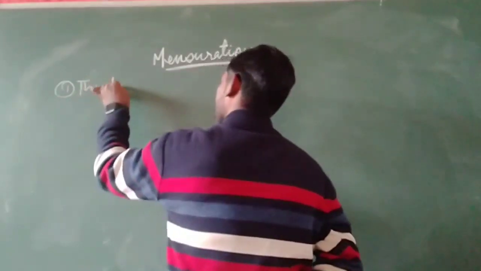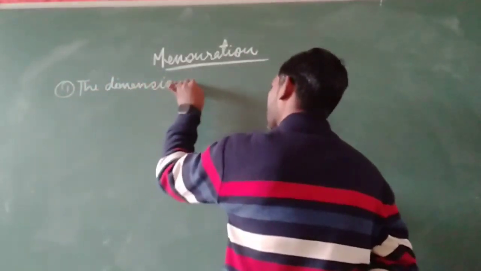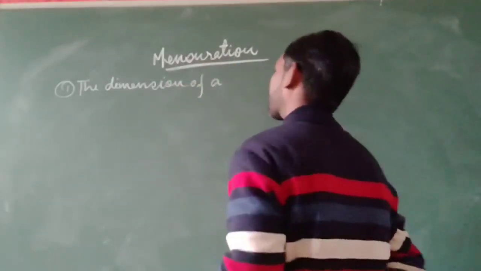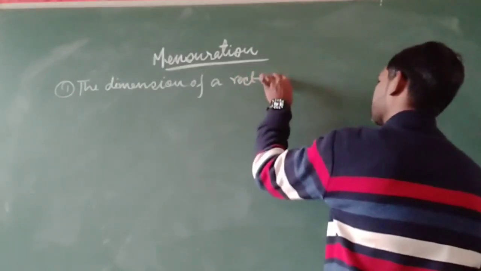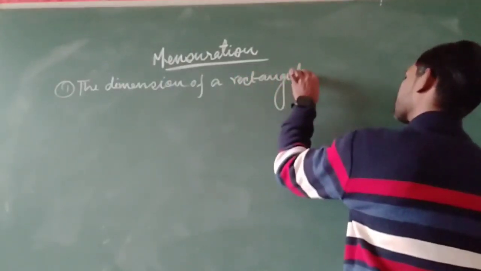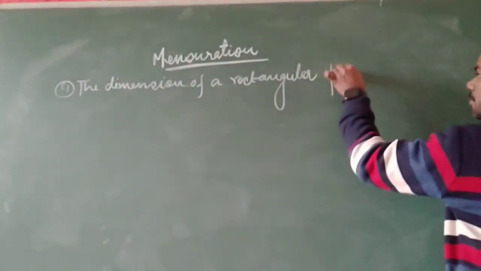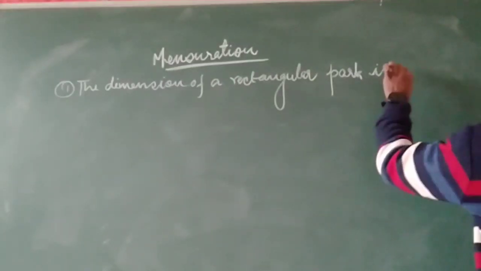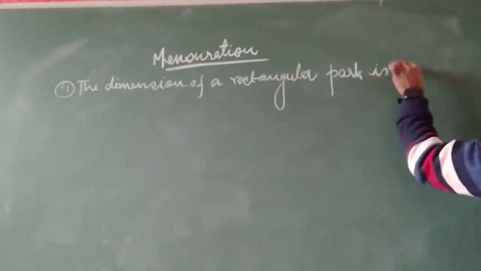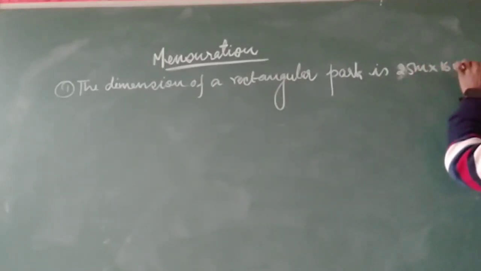The dimension of a rectangular park is 25 meter into 16 meter.